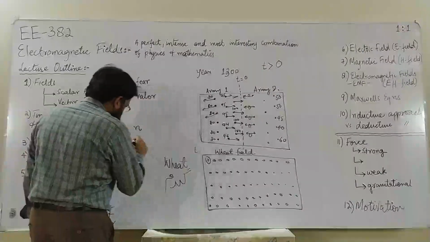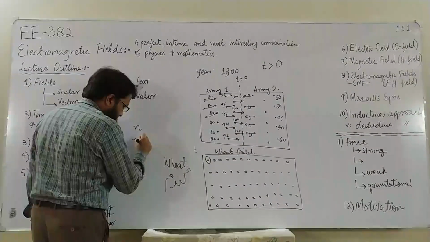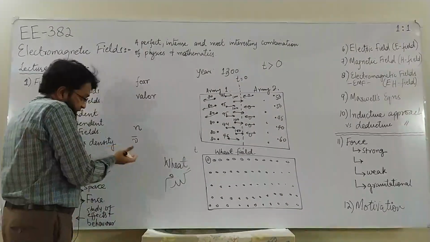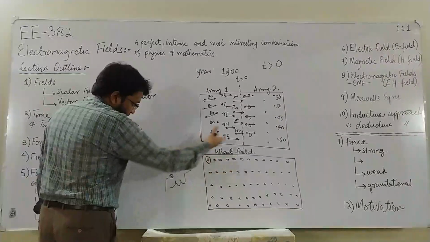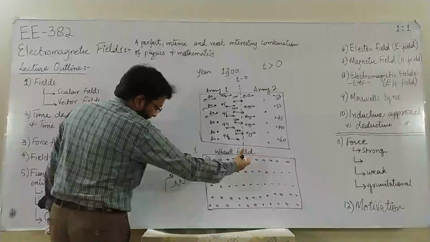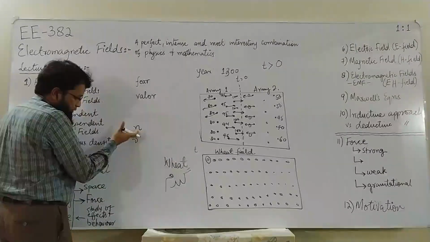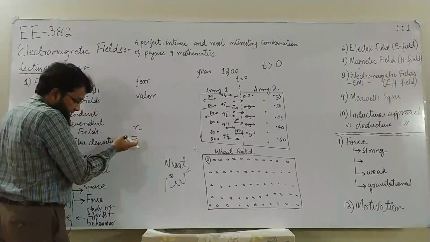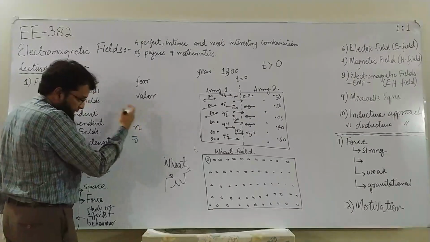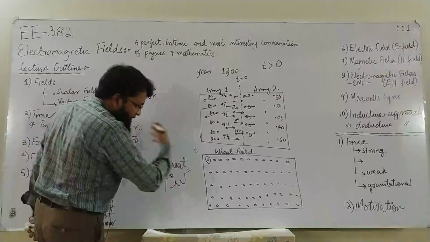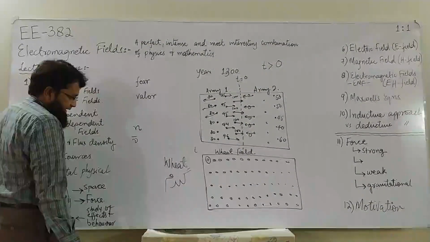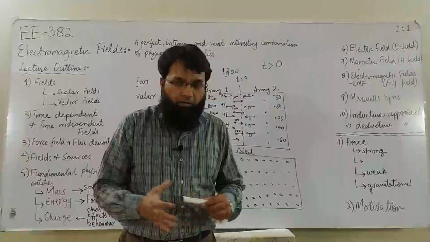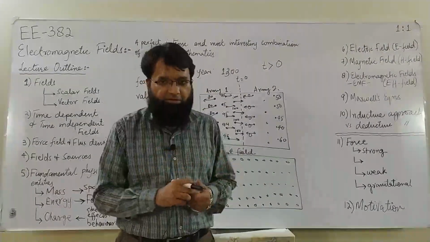So if I'm interested in that velocity, we know that the effect now in which we are interested, although the wheat field is the same, has been changed. I am no more interested in the number of grains which are being produced by each plant, but I am interested in the way each plant is moving if a wind passes through. In that case, the same wheat field will become a vector field.